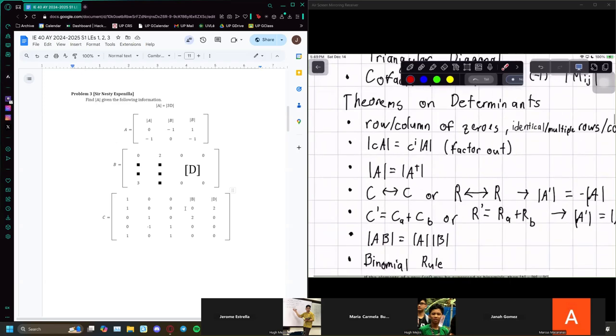There are a lot of these, but the ones that we use in this item are, first, the determinant of a constant times a matrix is the determinant of that matrix times the constant to the power of how many rows or columns it has, since it should be square, so it's the same.